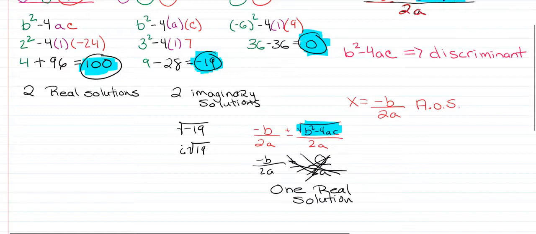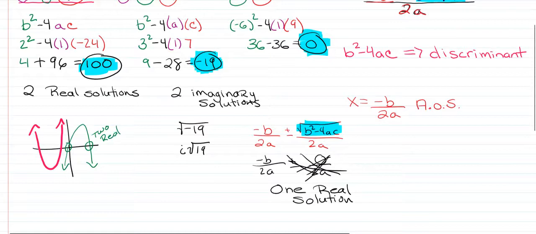So what are these looking like for graphs? What does this mean? So here, 2 real solutions is any one of our normal quadratics. It'll look something either like this, where it's going through the x-axis twice going up, or something like this, where it's going through the x-axis twice going down. There are my 2 real solutions.